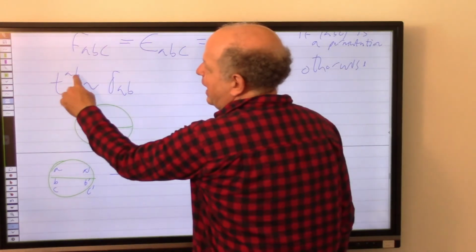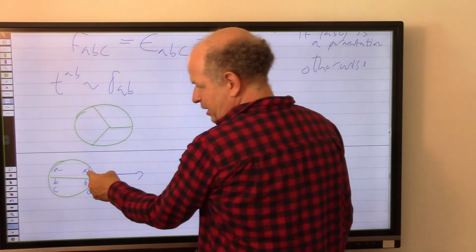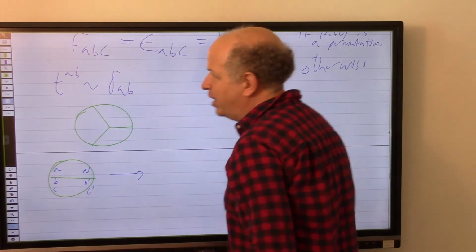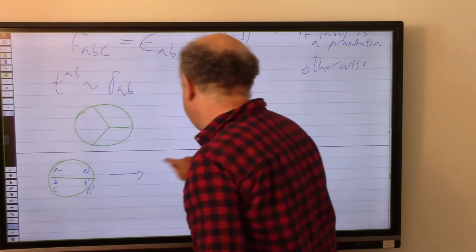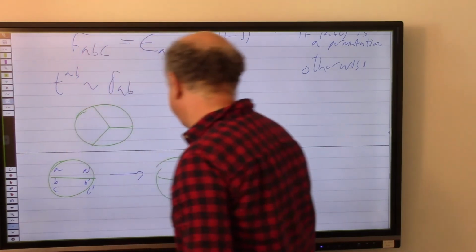But the T_ab tensor is delta_ab. So A prime is equal to A, B prime is equal to B, and C prime is equal to C. So really it's enough to label each edge once.